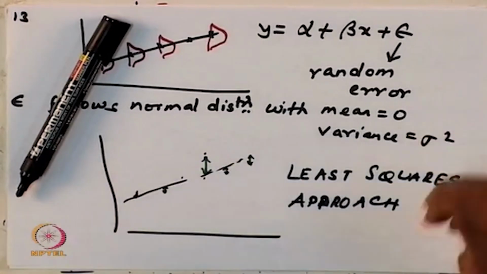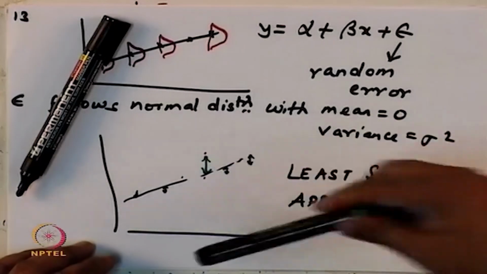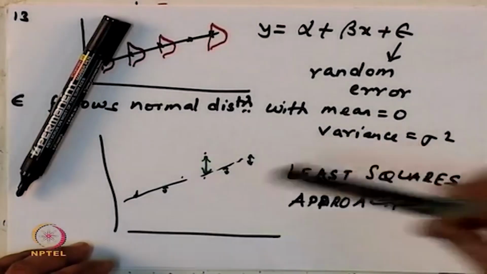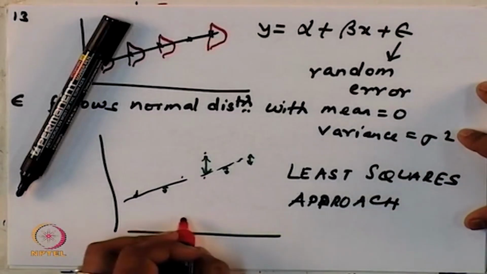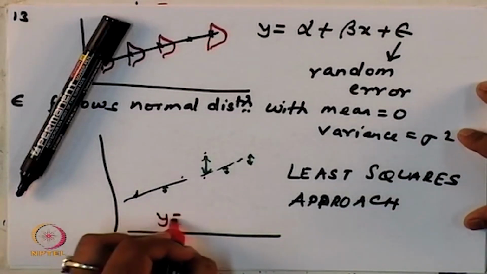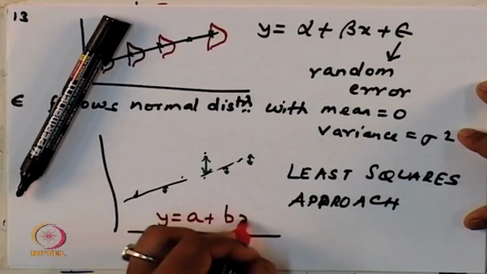It minimizes the square of these errors, thereby finding some estimate of alpha and beta, and this least square line is written as y is equal to a plus bx.